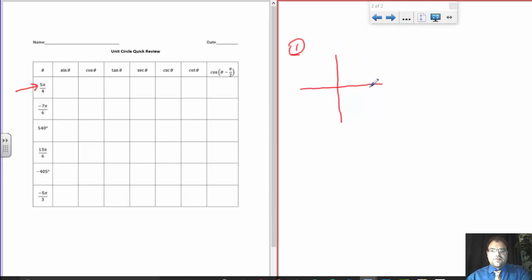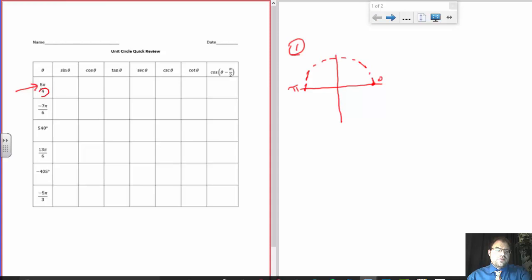If I imagine a half circle, remember we start here, which is 0 radians. A half circle we'll call pi radians. Now keep in mind, pi radians is the same thing as, if I look at this denominator here, which is 4, pi would be 4 pi over 4, because the 4's cancel out.